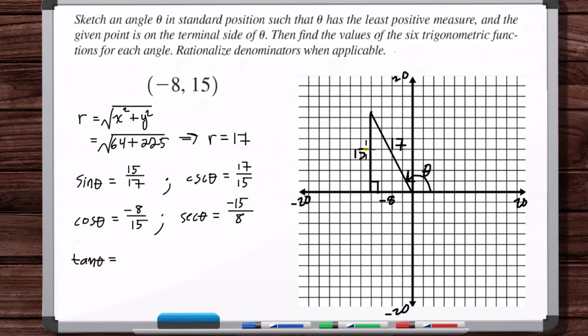Tangent, opposite over adjacent. Cotangent, just flip it. Okay, wait, I messed some stuff up here. 15 over 17, 17 over 15. Cosine is adjacent over hypotenuse. This is 17, and so this is minus 17.